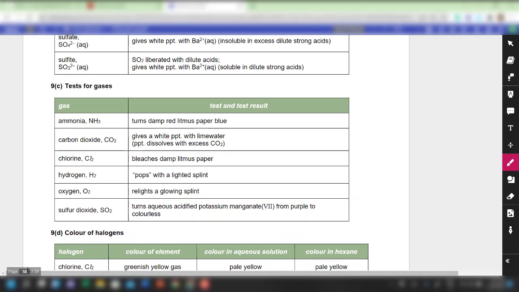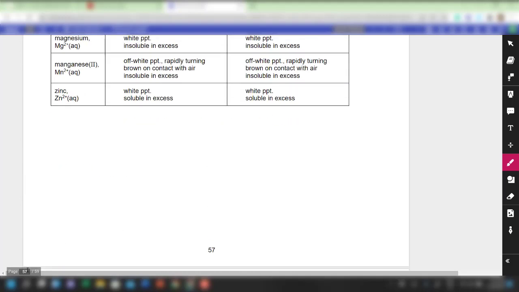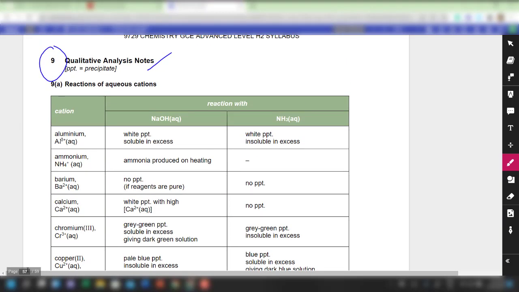So section 9 for your practical exam will be printed for you in your examination booklets. It's paper 4, the practical exam, so the last 2 pages will be printed.